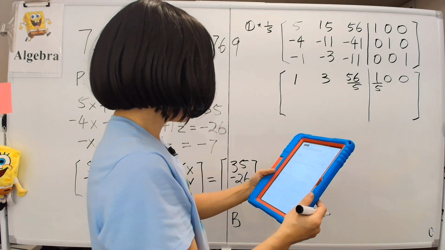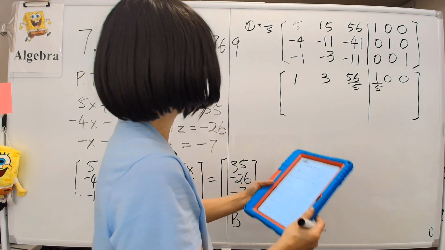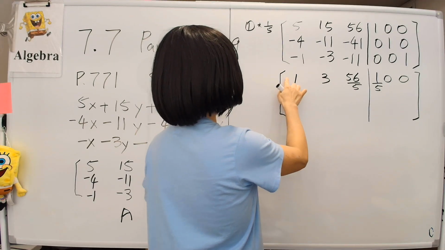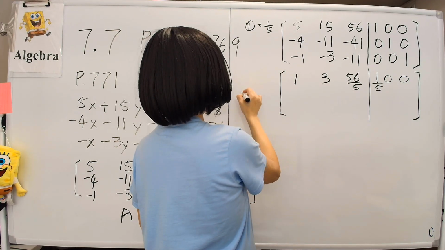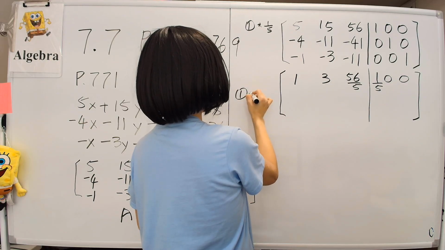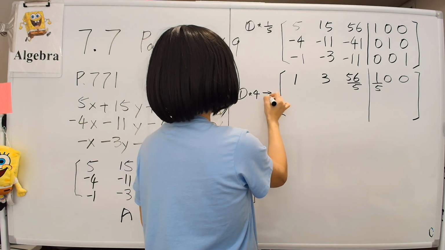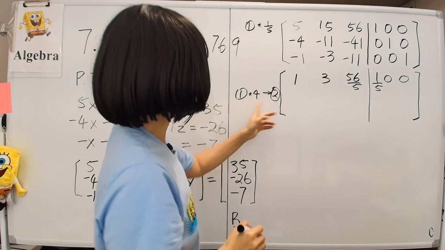Second step, we need to multiply row 1 by 4 and add it to row 2. So we'll multiply the new row 1 by 4, and then add it to row 2. That's what we're doing right here.